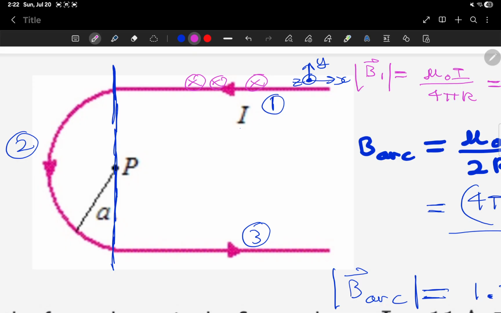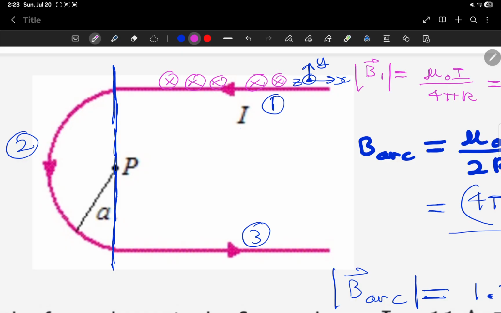Let's say your hand is flat on top of your tablet, and when your fingers start to curve into the table, initially they're pointing into the table, right? So that means above the wire the magnetic field is pointing into the page, or into the table.